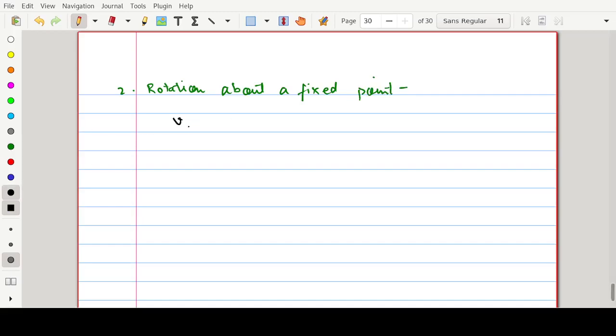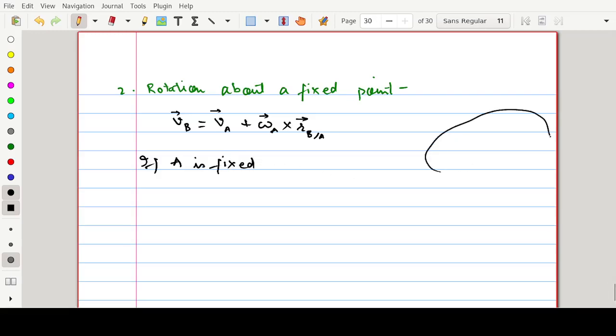So starting from your general relation VB is equal to VA plus omega A cross RB slash A, if A is fixed, that is, suppose this is your rigid body and there is a point which is fixed, so it may undergo some motion, but this A will not change its position.